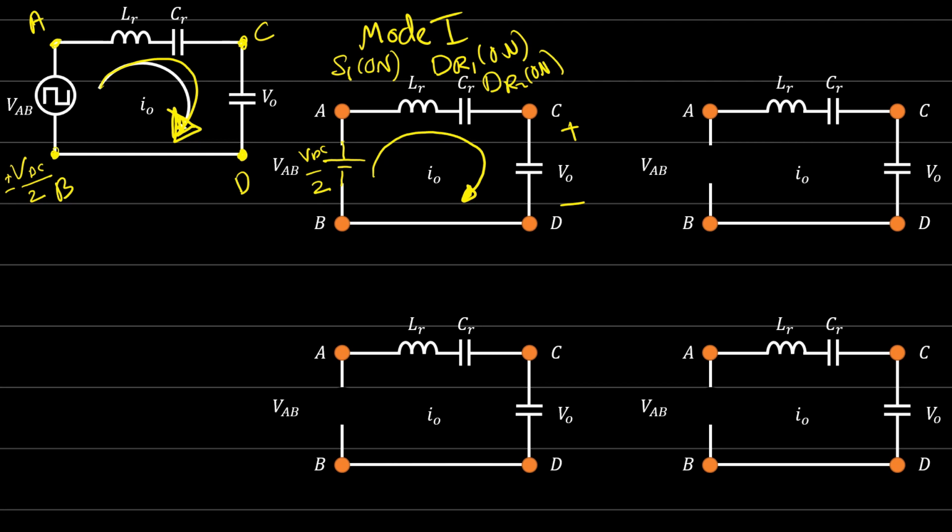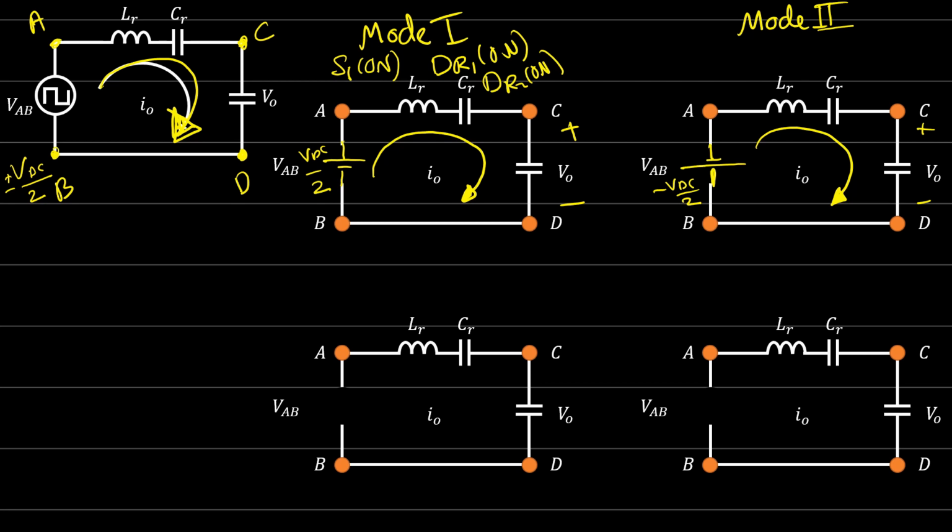Now for mode number 2, here we will assume that the current is also positive, but the voltage is negative. V input is negative, minus VDC over 2, and the output voltage is also positive. Because the output voltage is positive, diode R1 and diode R2 are on. But on the input side, because the input is negative, the conduction will be through diode number 2, right? So not switch 2, diode 2.